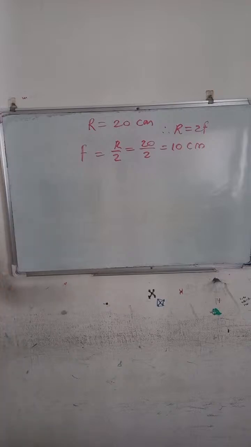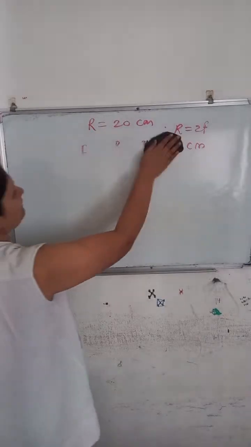I'll repeat this. Light enters from air to glass having refractive index 1.50. So what is the speed of the light in the glass, and speed of the light in the air is given, 3 into 10 raised to 8. Okay, so refractive index is given.